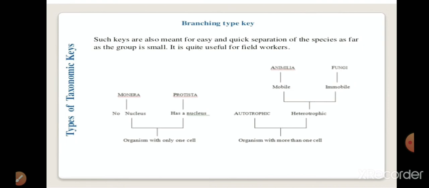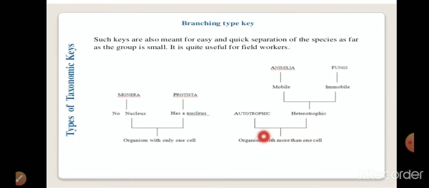In this figure you can see the two couplets, or two branchings of the key, for the identification of an organism. The first is organism with one cell, and the second is organism with more than one cell.